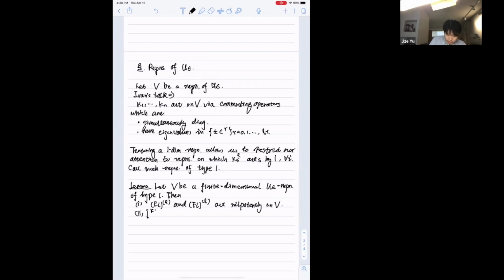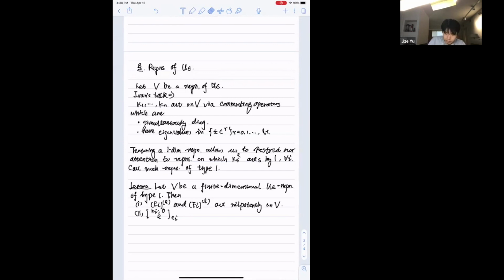this K_i, 0 choose L, specialized to epsilon_i. So recall epsilon_i is defined to be epsilon to the power of d_i.